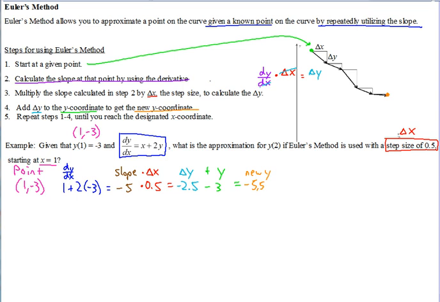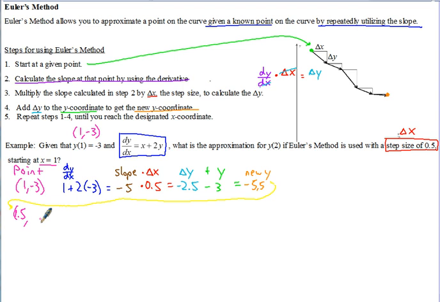And then we repeat this process until we get to the point we're looking for. So now the new x coordinate on the next point is based on the step size. The step size is 0.5, so if we add 0.5 to 1, you get 1.5.